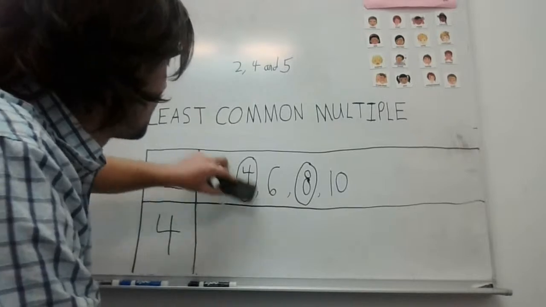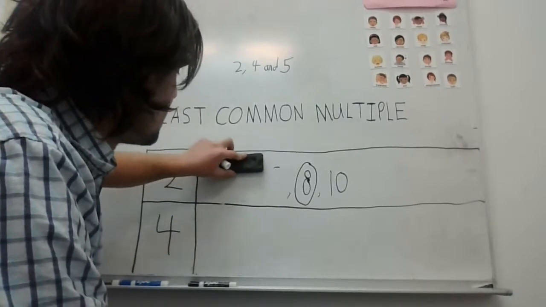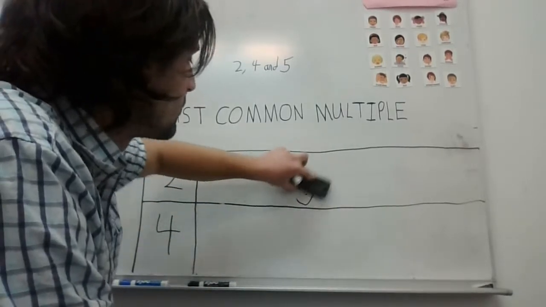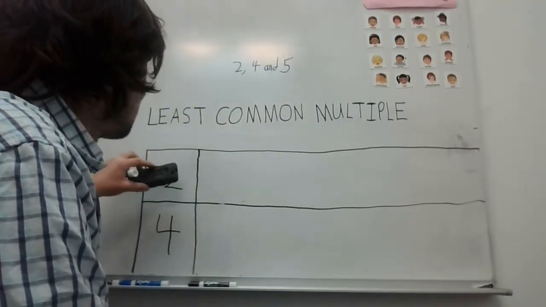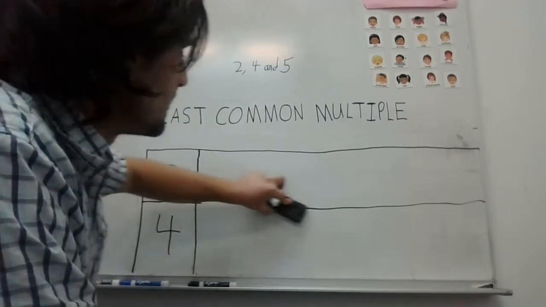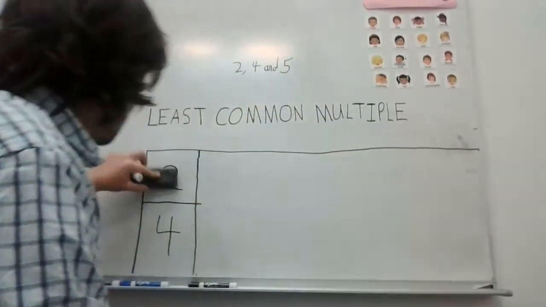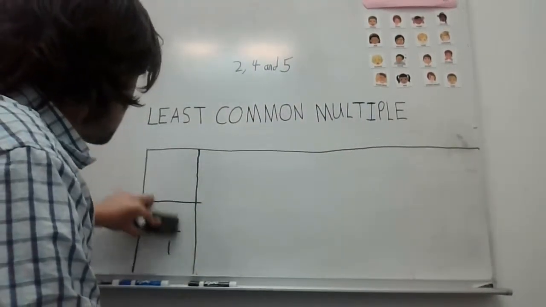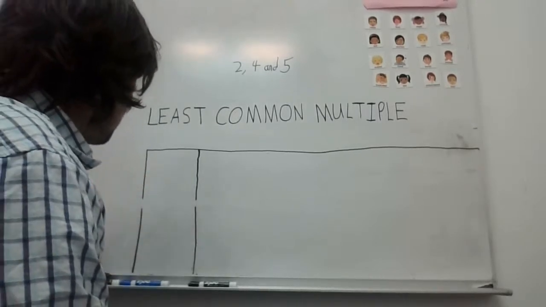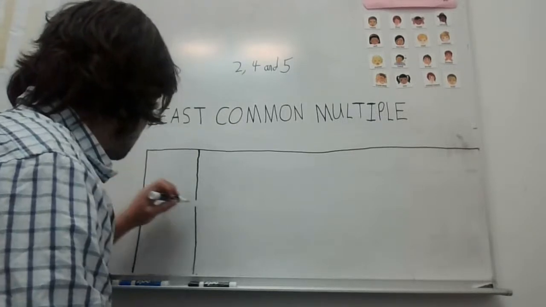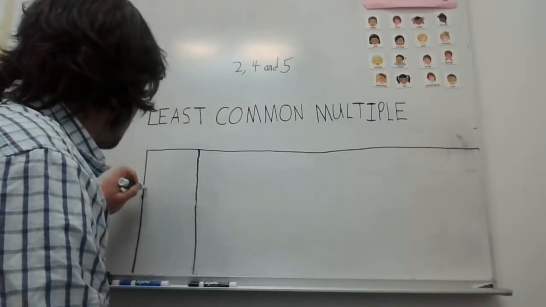So what we're going to do is the same thing, but this time we are going to do multiples for the 3 different numbers. So what I'm going to do is, I like this chart. Make 3 columns here.